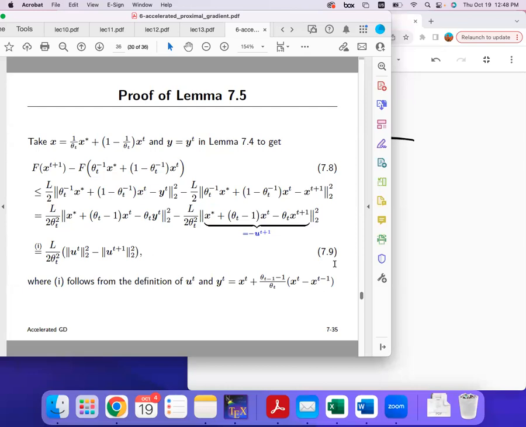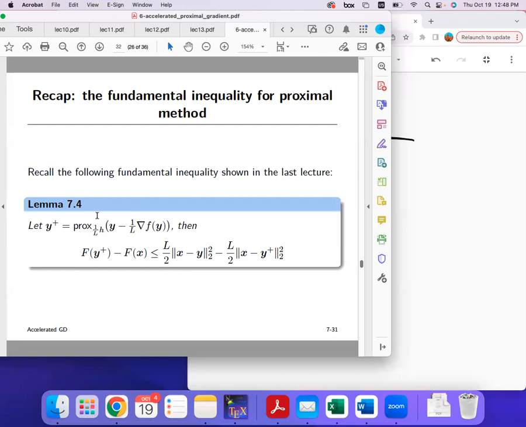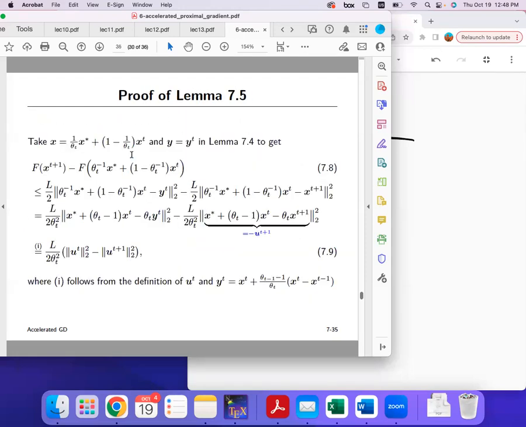The proof of this lemma will be based on the lemma 7.4, the lemma that we established for proximal gradient descent. So what we do is we set y to be yt. We set x to be the convex combination between x star and xt, and this convex combination is based on this coefficient 1 over theta t.